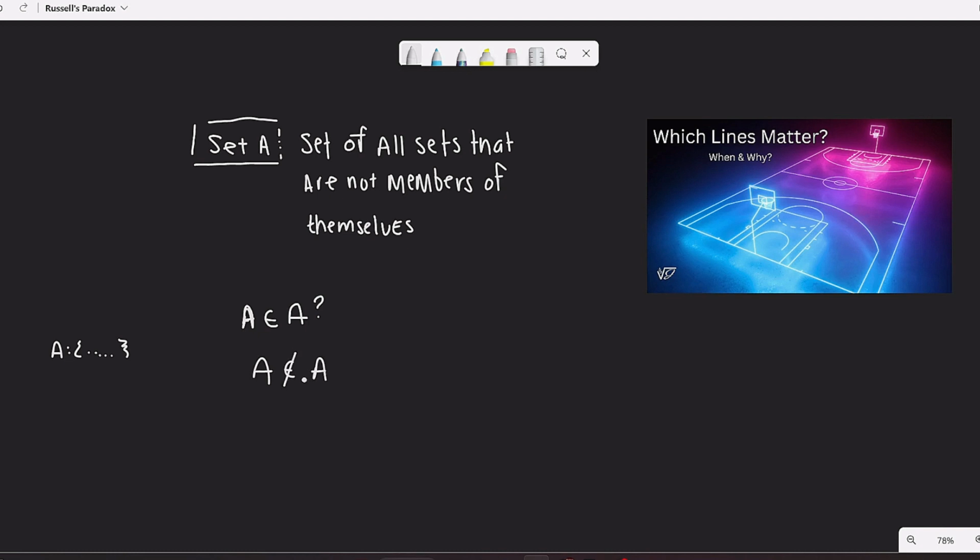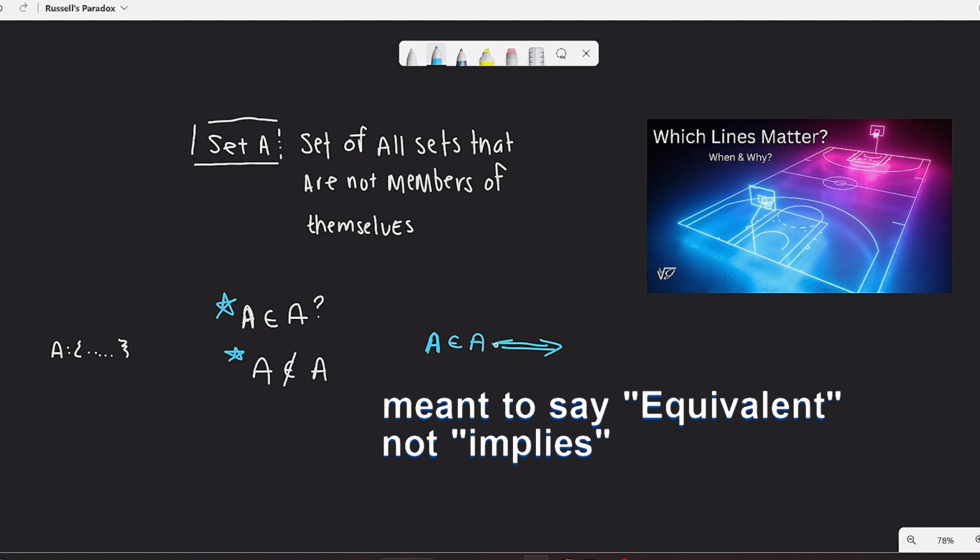of itself. But if this is true, then this is also true: if the set A is not a member of itself, it is also a member of itself. And so mathematically this is written as A is a member of itself, which implies that A is in fact not a member of itself.